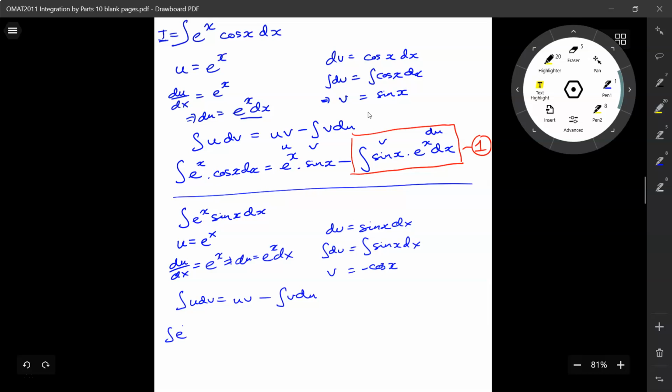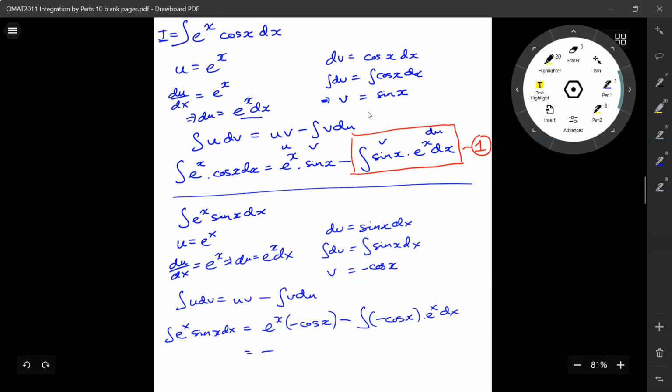So the integral of exponential x sine x dx is equal to u, which is exponential x, multiplied by v, which I'll put in brackets because there's a negative sign there, minus cosine x, minus the integral of minus cosine x times exponential x dx.